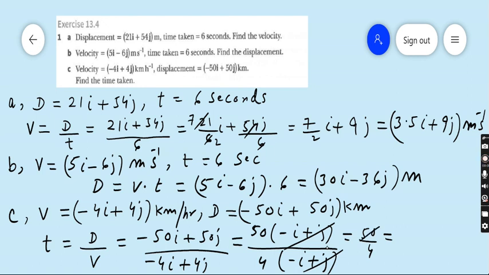So 50 upon 4 is 25 upon 2, which is 12.5 hours. So the answer of part C, where displacement and velocity are given and time is required, is 12.5 hours. I hope you understand the entire question number 1.